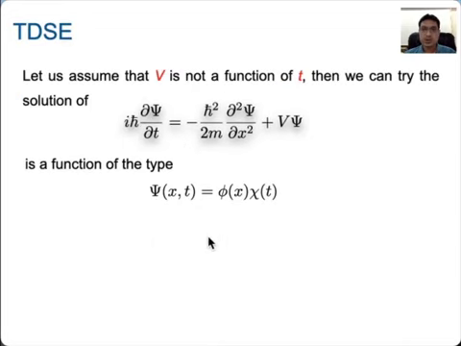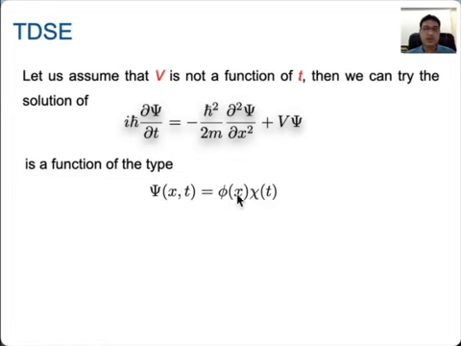So let's move on. This is the differential equation, our time dependent Schrodinger equation. Now what we are going to assume here is that this potential is independent of time. Once this is independent of time, then this psi, which is a function of x and t, can be written in a product form, as a function of a spatial coordinate times a function of a temporal variable.